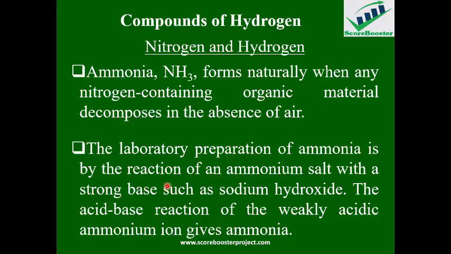There are many organic materials that contain nitrogen. Protein and its amino acids are the most common ones. So when any of these decompose in the absence of air, then we have ammonia.